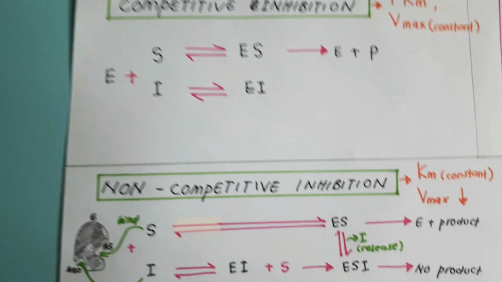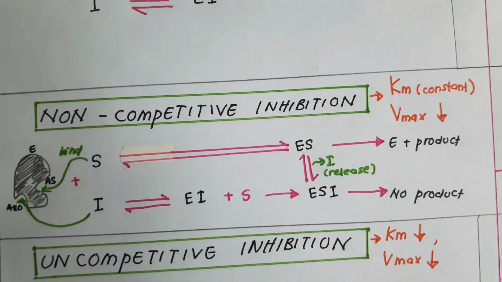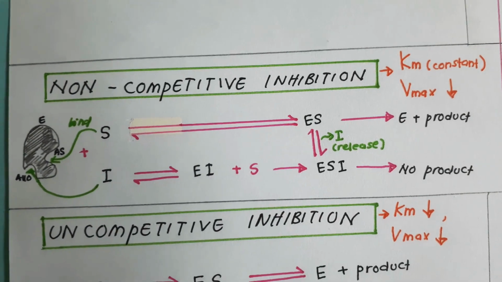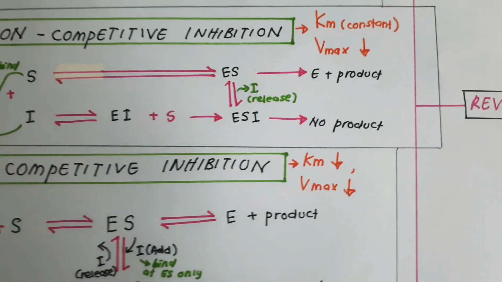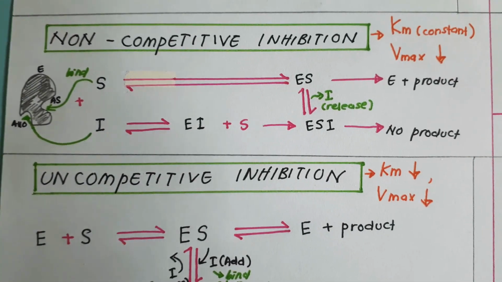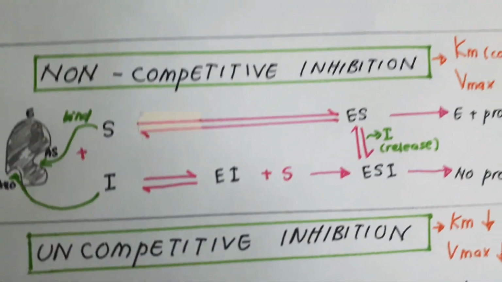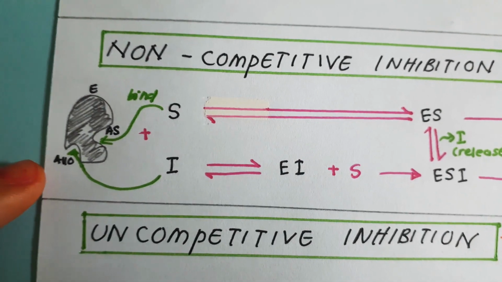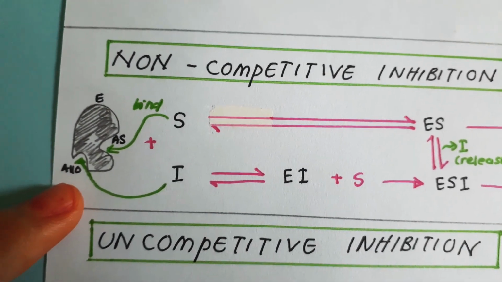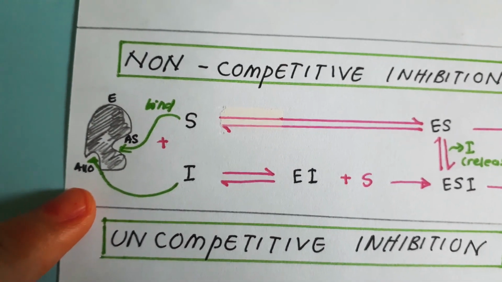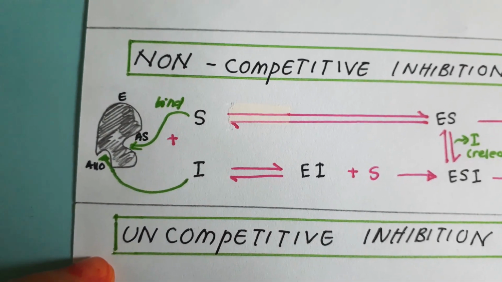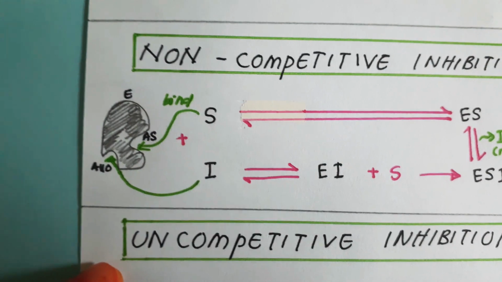Next, let's go to non-competitive inhibition. For non-competitive inhibition, the enzyme binds with the substrate at the active site. Meanwhile, the inhibitor binds at the allosteric site at the back of the active site of the enzyme.